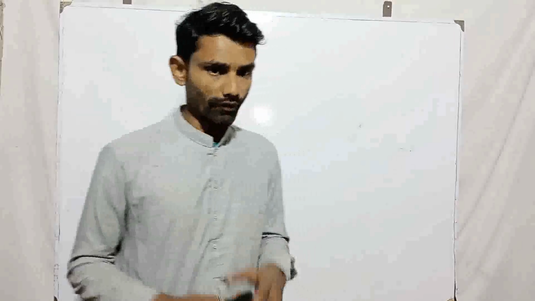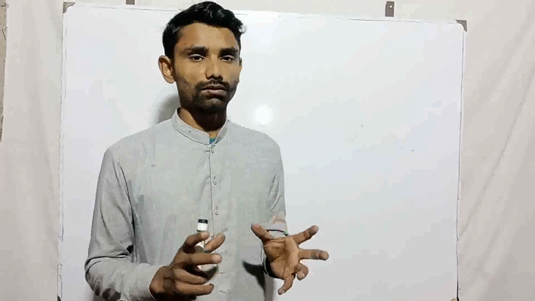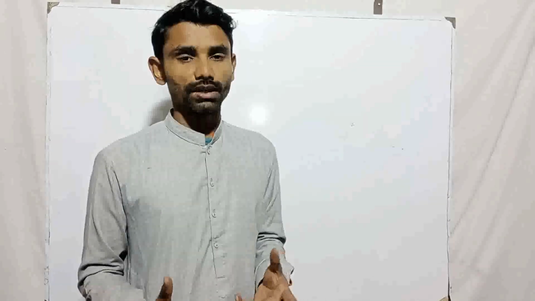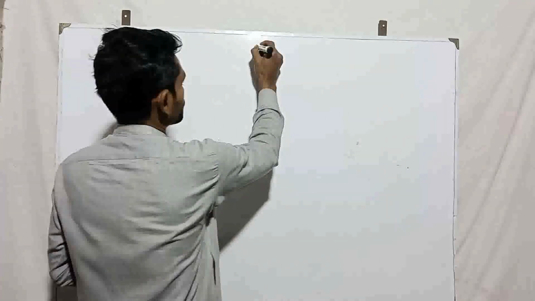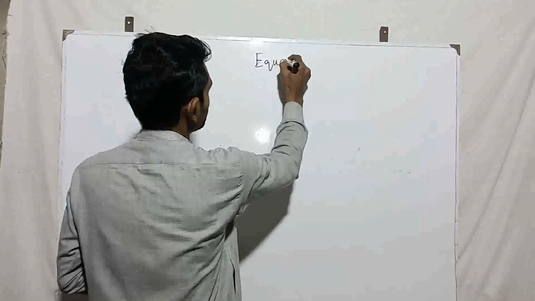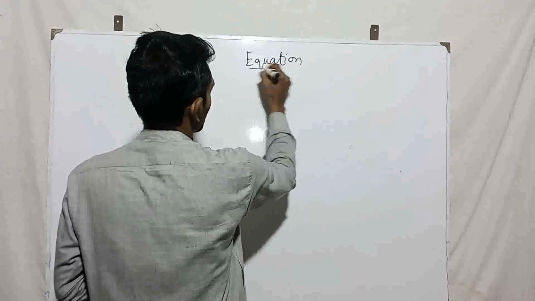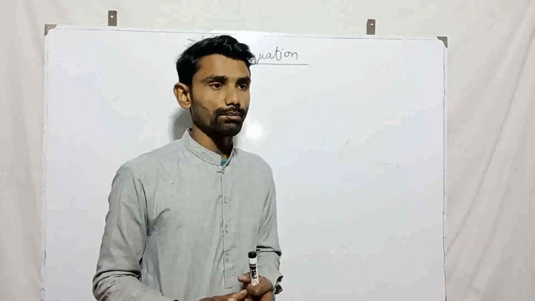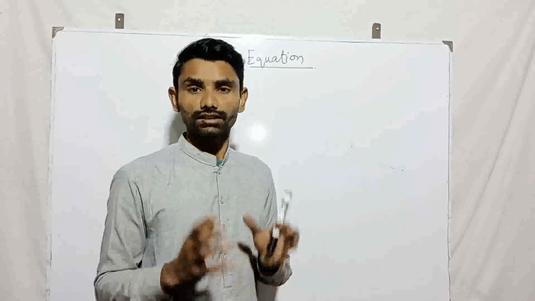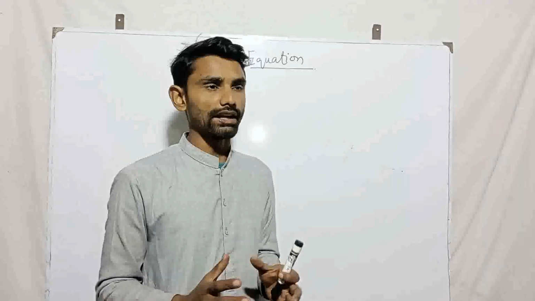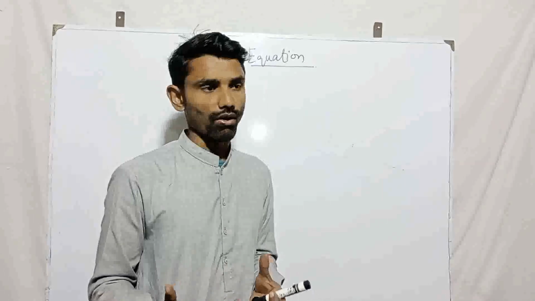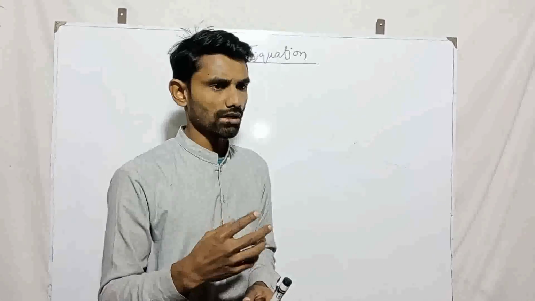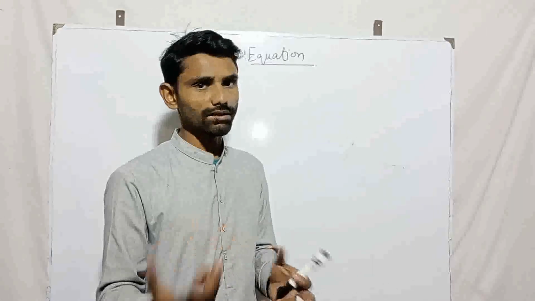So the first thing is equation. How do we understand the term equation? An equation is the sum or the subtraction of algebraic terms. What is an algebraic term?